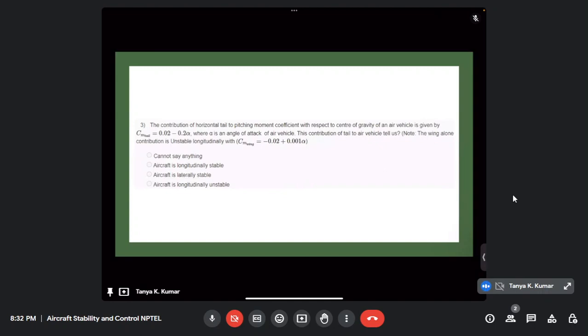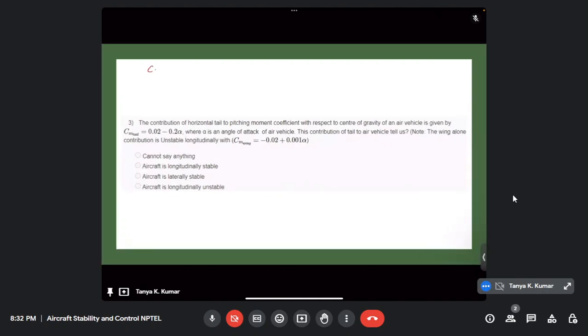So let's write down: Cm naught of the tail is 0.02, Cm alpha of the tail is minus 0.2, Cm naught of the wing is minus 0.02, and Cm alpha of the wing is 0.001, right?